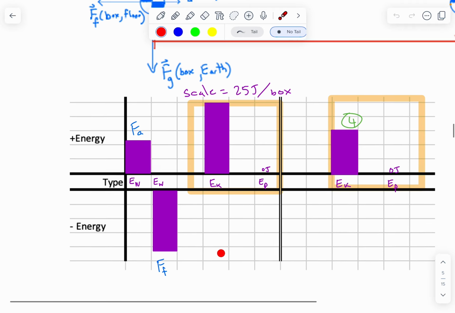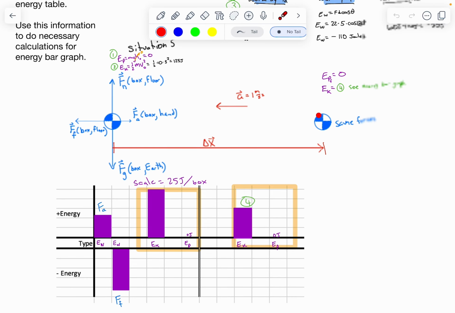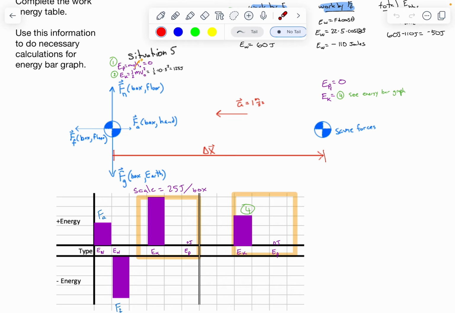All right, so down here, my applied force did, where's my number here? It's 60 joules. There's my 60 joules of positive work. Here's my negative 110 joules, that's the negative work on the system.